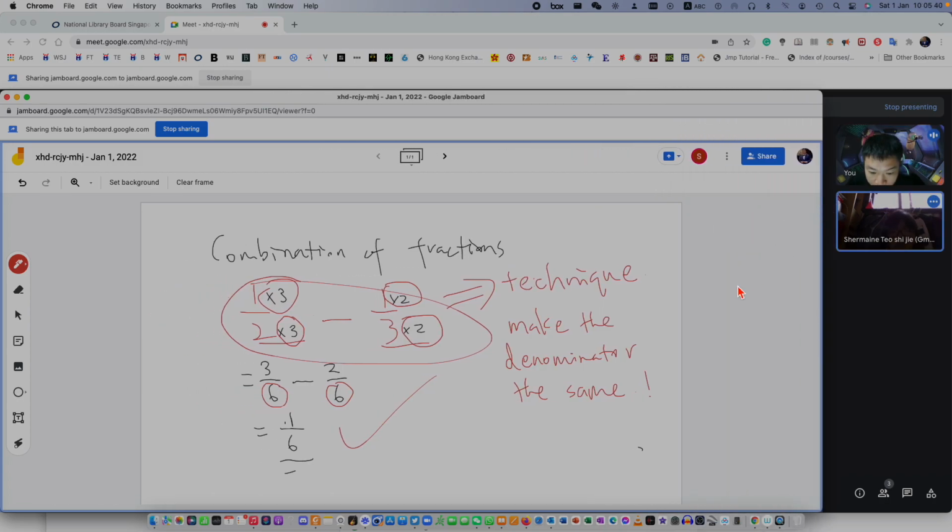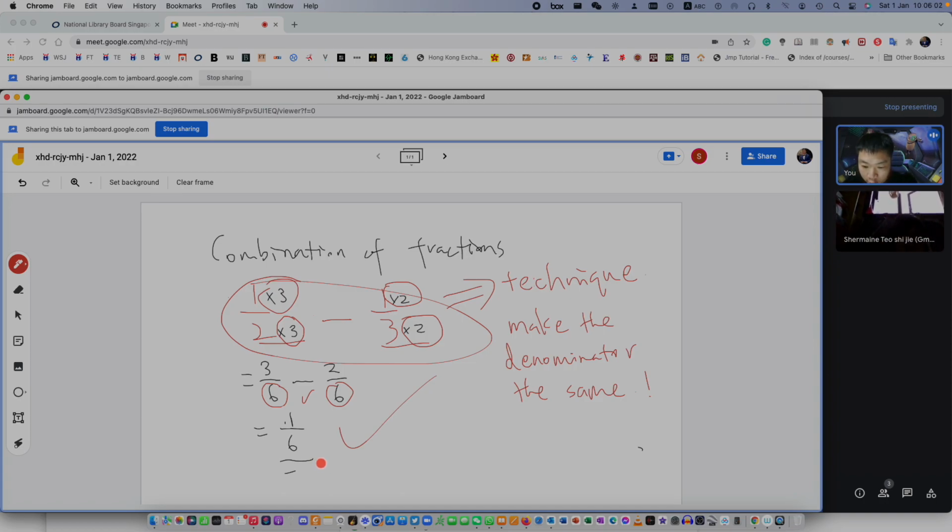Good. So if you look at this, plus or minus, you just have to make the denominator the same, and if it's minus, you change the sign. Then 3/3 minus 2/6 is 1/6.